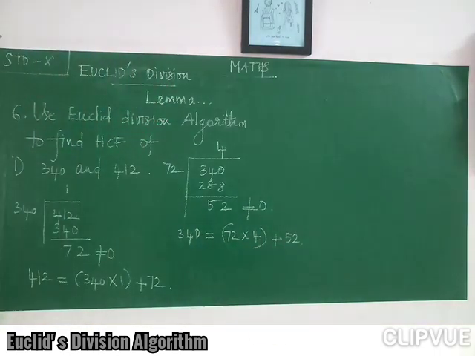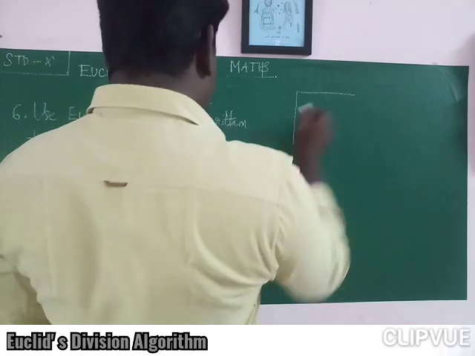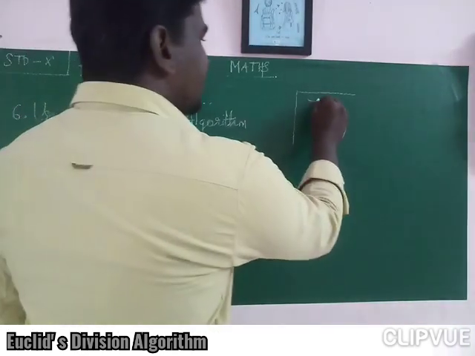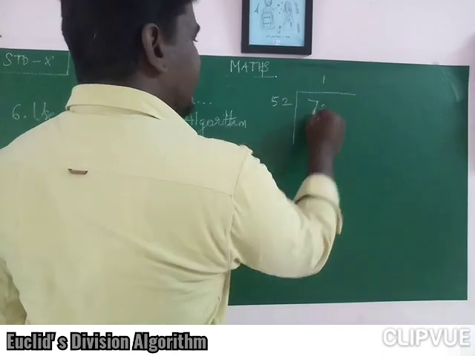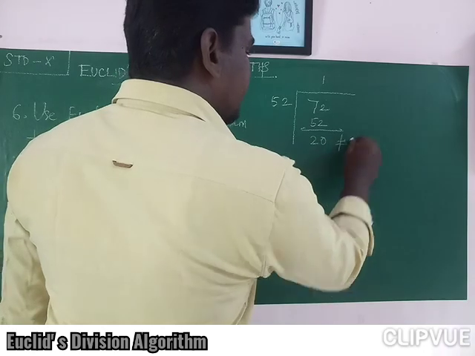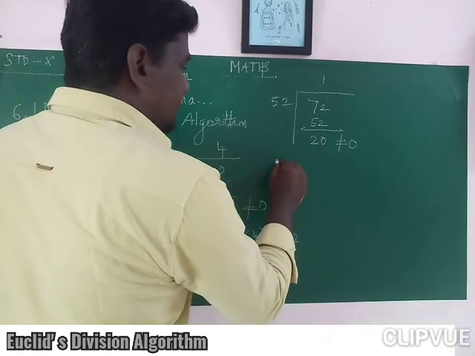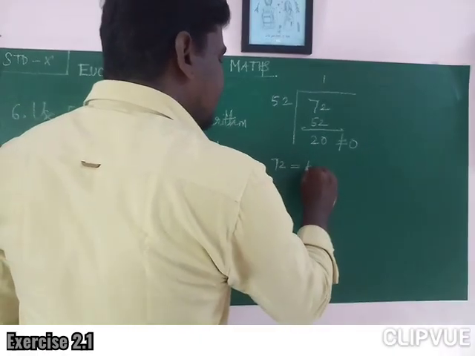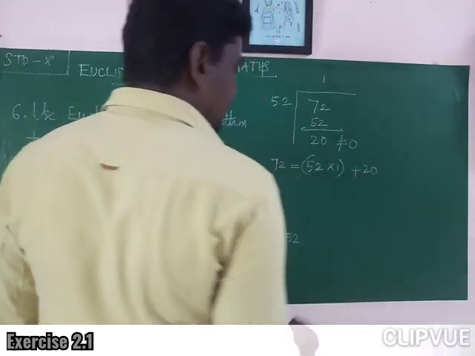The next step. Next I am going to take this 52 as the divisor and this 72 will be the dividend. 52 into 72, 1 time. What do we get? 20. It is also not equal to 0. So we write 72 can be written as divisor into quotient plus remainder.